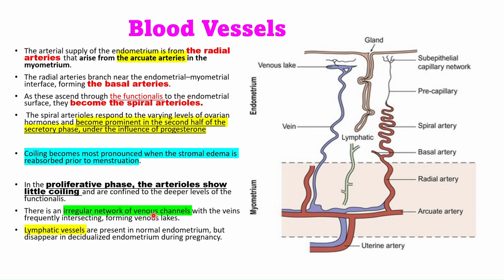There is an irregular network of venous channels with the veins frequently intersecting, forming venous lakes, and lymphatic vessels are present in the normal endometrium, but these appear in decidualized endometrium during pregnancy.